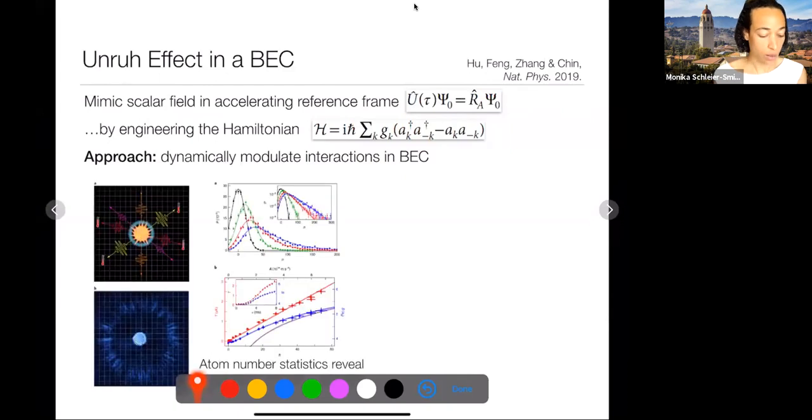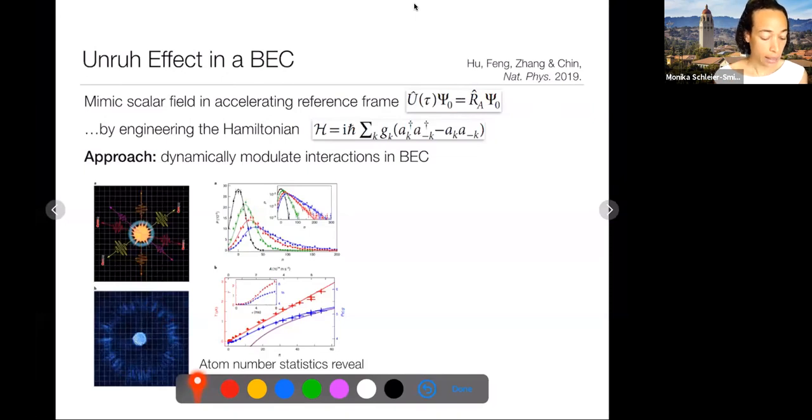And there are beautiful pictures that they take where, as a result of this modulation, if they look after some time and take an image of the density of atoms, they see these jets emanating outwards, which come about from this creation of pairs of excitations of opposite momentum.